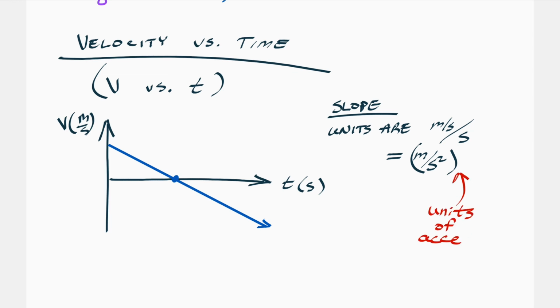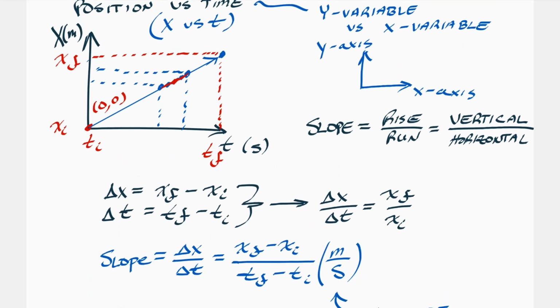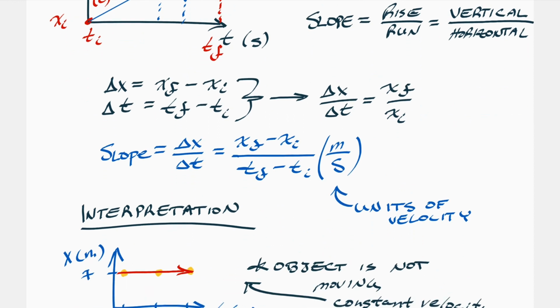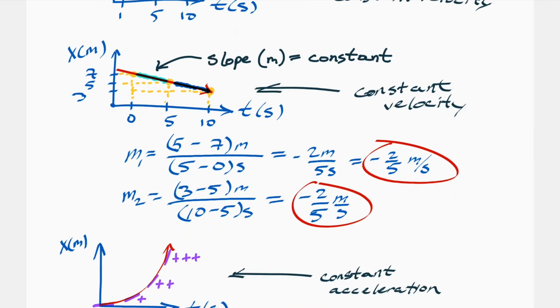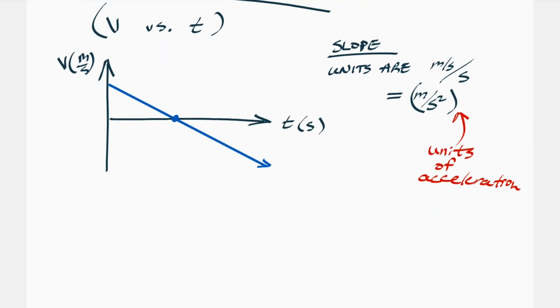So, with the case of the x versus t graph, we had units of meters per second for our slope, right here, units of meters per second. So our slope of our x versus t graph gave us velocity. Well, when we go down to our v versus t graph, we still can get more information from the slope. In this case, the slope is going to give us the acceleration.